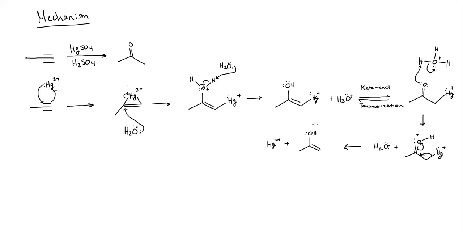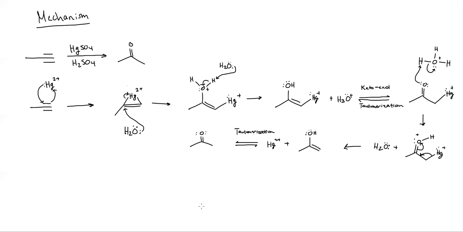So now I have an enol again, right? This is an enol. So you guessed it, I can go through a keto-enol tautomerization again. So let me write the keto-enol tautomerization. I'm just going to say tautomerization. So I have a keto-enol tautomerization again into the ketone.